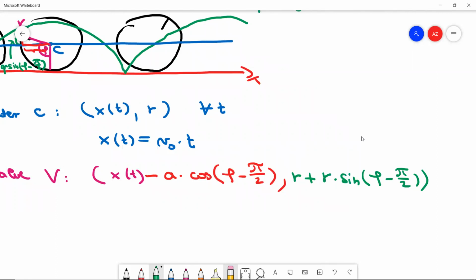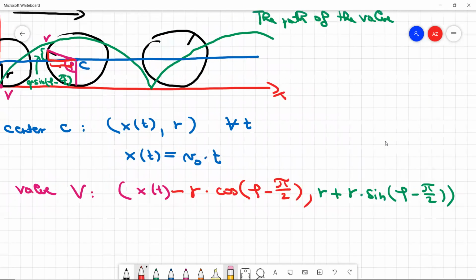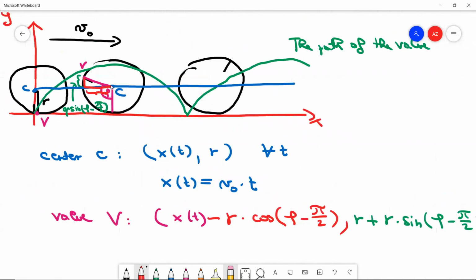Okay, but real quick, what exactly is this a with the cosine? This a is r. Yeah, thank you. It's r. This is just the radius of the wheel. So this is r times cosine of phi minus pi over 2. So this is this red part.